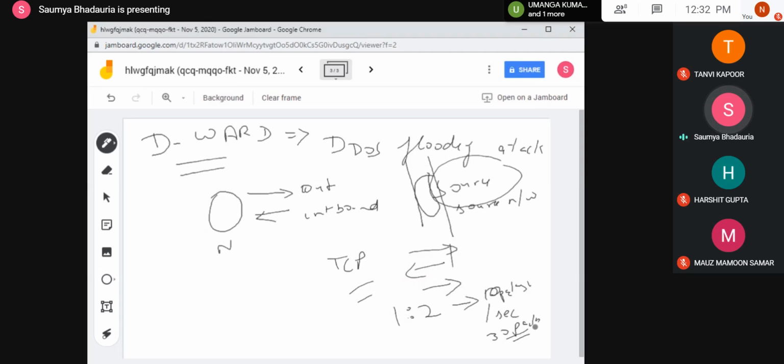So these are certain standard flows which should be maintained by the incoming and the outgoing packets. This information is stored somewhere on the server and it is categorized as the normal flow.